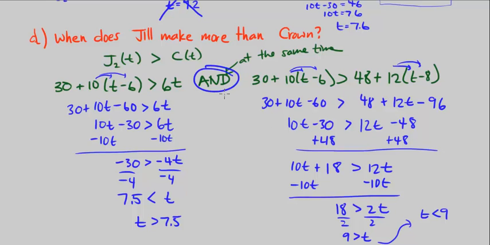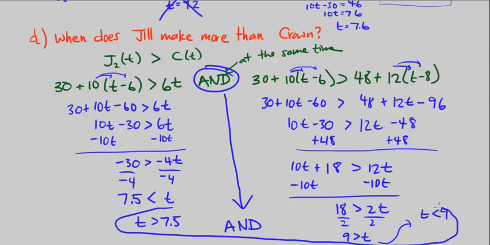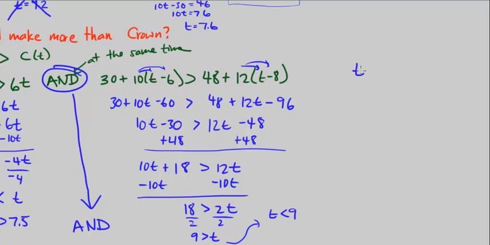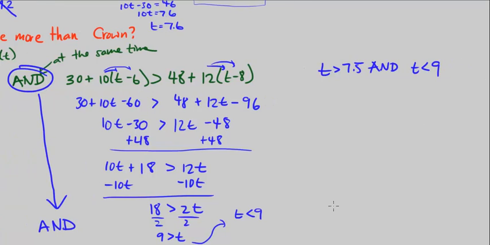And this and is important because we follow through here and write and: T is greater than 7.5 and T is less than 9. Let me write that over here. And why is that so important? Let's look at our number line.